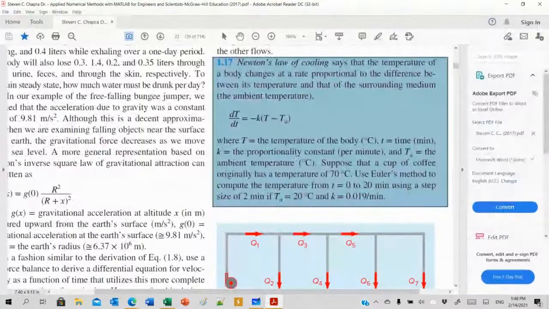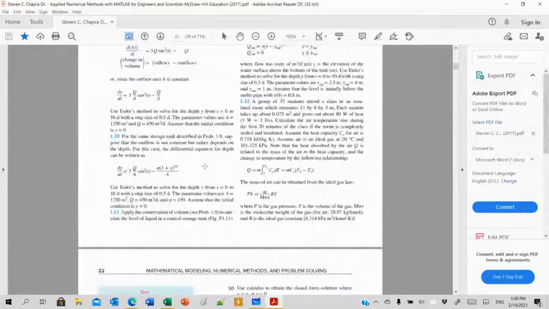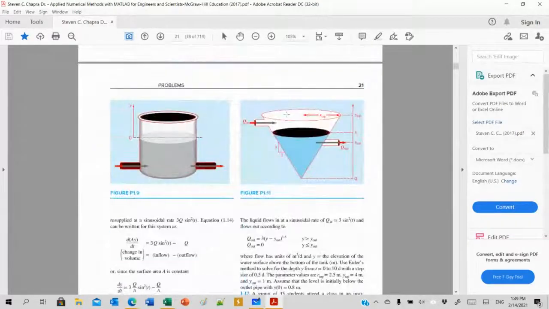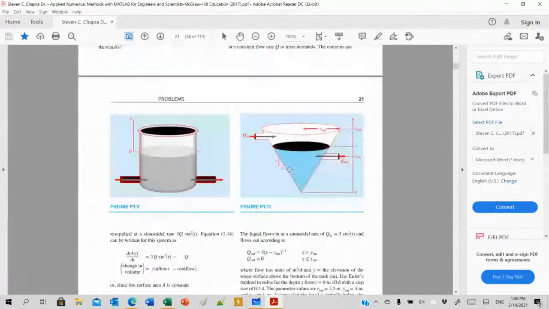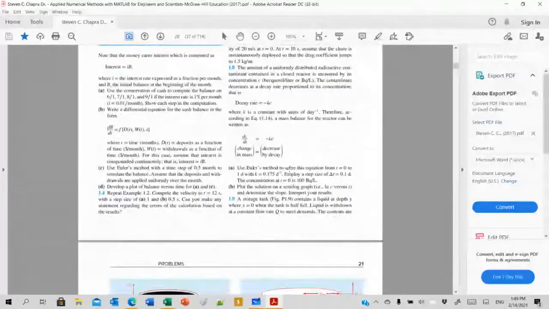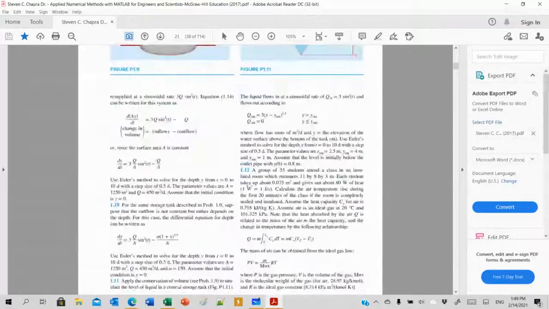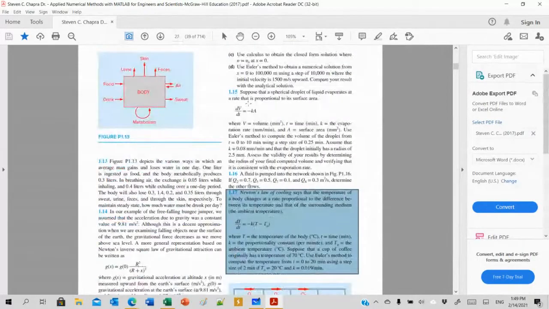So something simple like this is good enough, what we are asking for. Something complicated like a question like this is not what we'll be asking. 1.8 is a simple one. You could expect something like that. 115 is a bit of a complicated question.